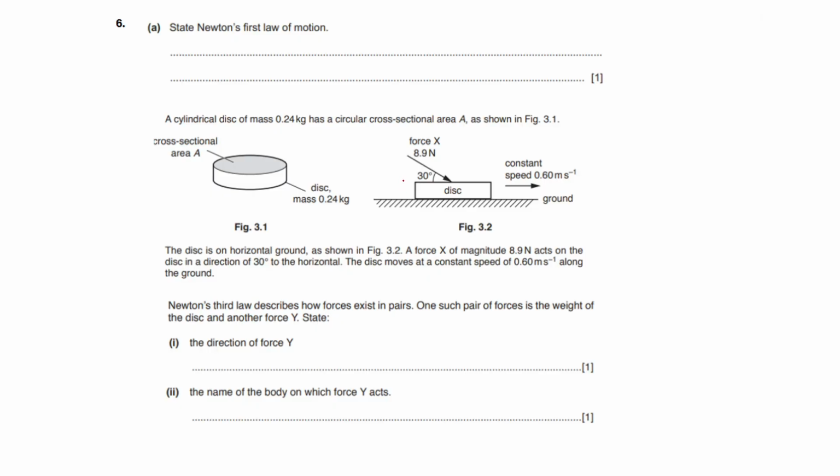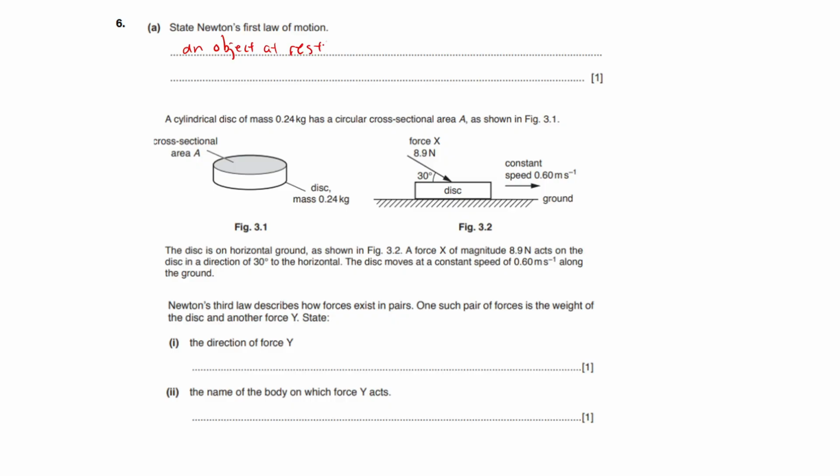Okay, never mind. For 6a, state Newton's first law of motion. So this is one of the first things you learn, and one of the things you should memorize, because Newton's laws actually come up a lot. But in this case, Newton's first law is just going to be an object stays at rest if it's already at rest, and an object in motion will stay in motion, basically.